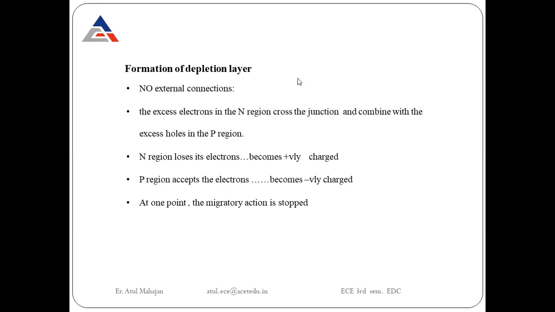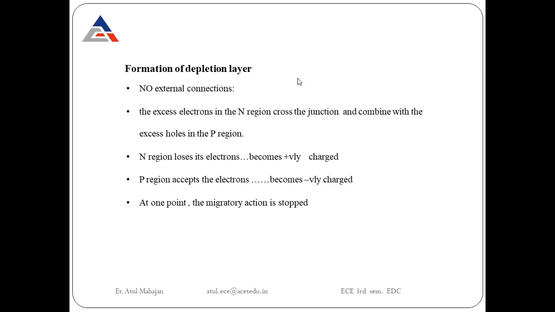This is what we have seen in the video of the PN junction diode, how the excess donor ions move from the N side region towards the acceptor ions of the P side region to form the complete structure of this PN junction diode.